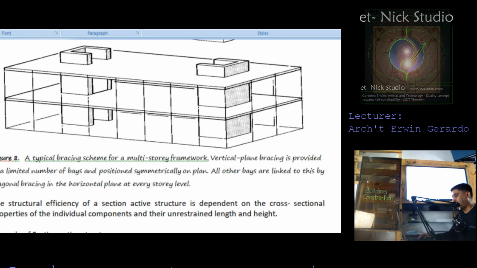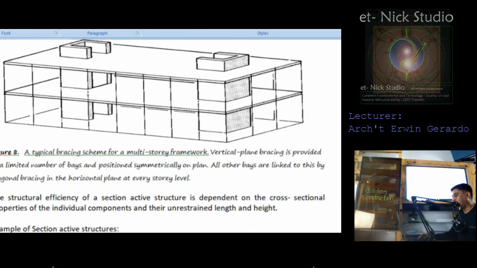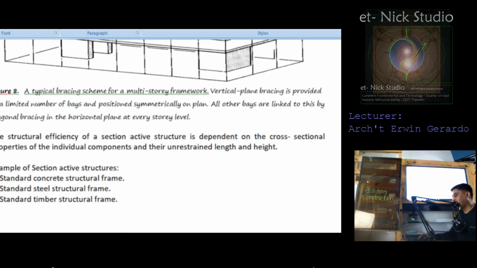Bracing is provided in a limited number of bays and positioned symmetrically on plan. All other bays are linked to this by diagonal bracing in the horizontal plane at every story level.